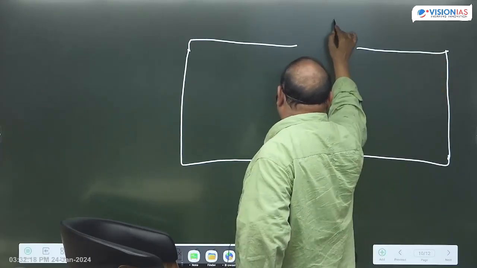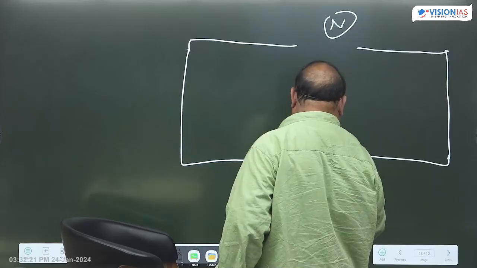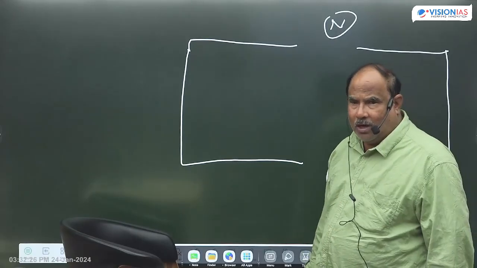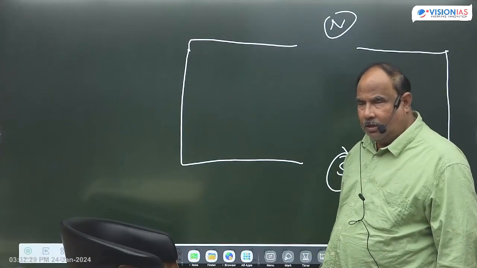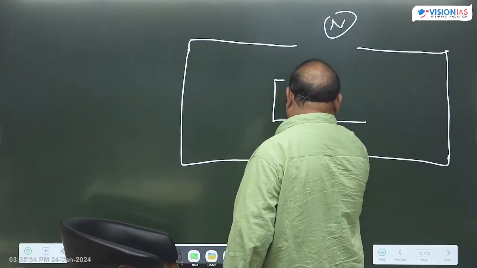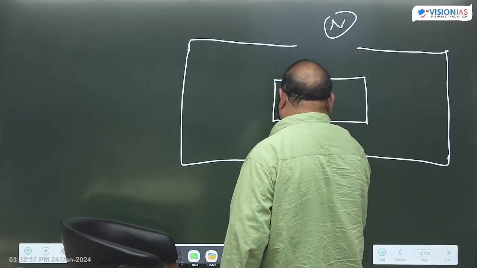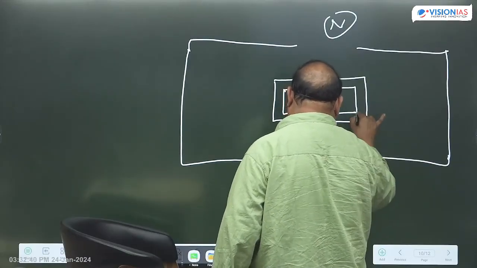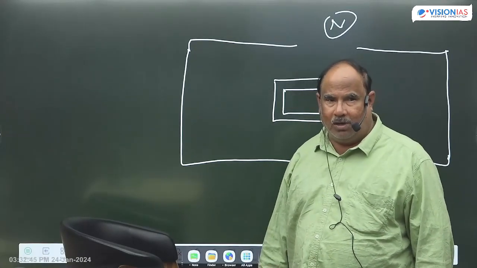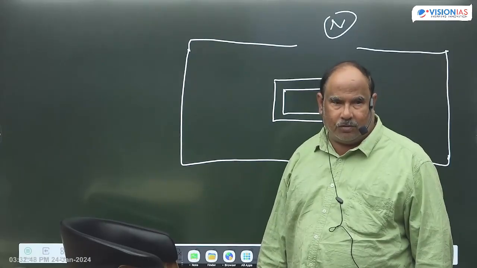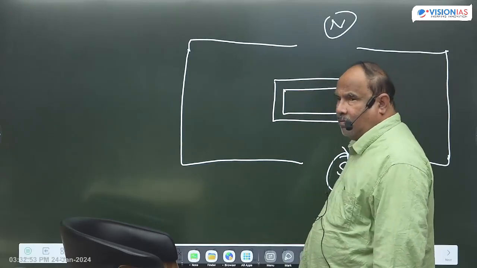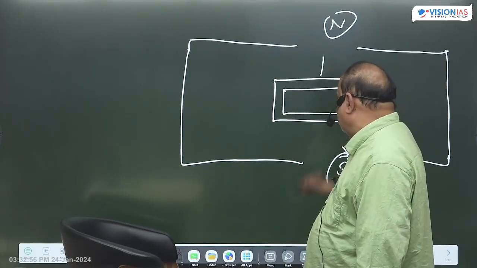When you enter the site, what attracts our attention first, in the heart of the city, is a swimming pool-like structure, called the Great Bath, G capital, B capital. Question in UPSC: what is the entrance for this structure? Entrance north, exit south.